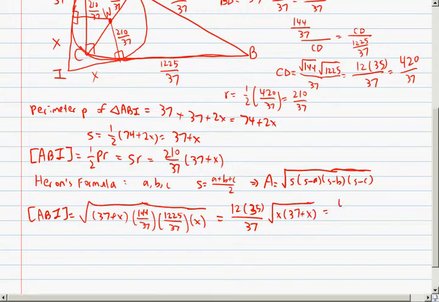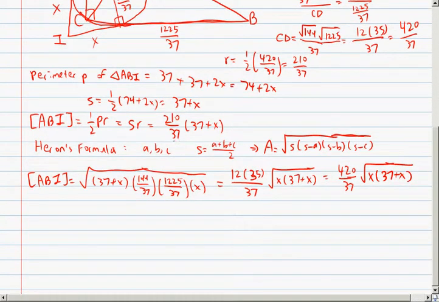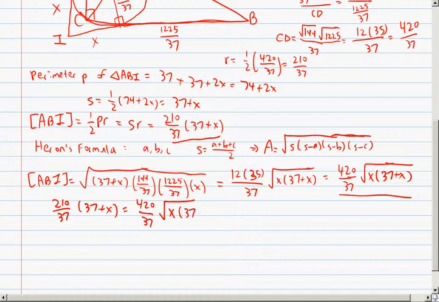And that simplifies to 420 over 37 times the square root of x times 37 plus x. Now we have to equate this expression and this expression in order to solve for x. Doing so gives us 210 over 37 times 37 plus x equal to 420 over 37 times the square root of x times 37 plus x.